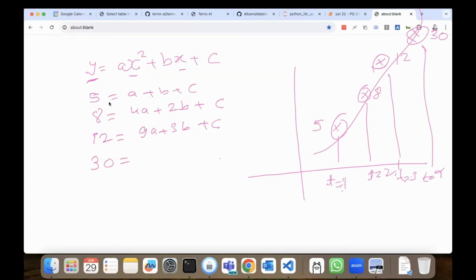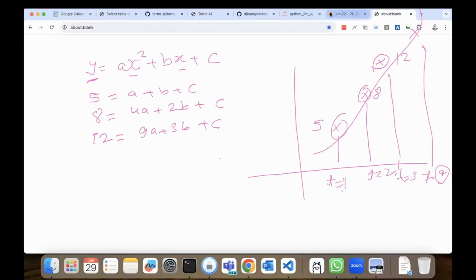I think you'll be given 3 equations, not 4, sorry. You're given only 3 equations, and you have to predict the traffic at t equal to 4. At t equal to 4, what is the traffic value? Now, can you solve this equation quickly?